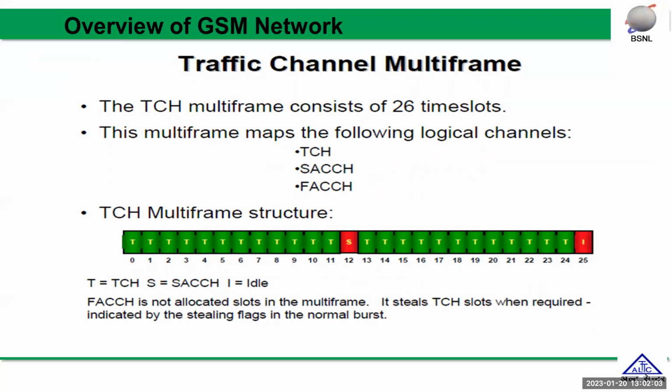FACCH is actually not allocated slots in this multi-frame. Why is it not allocated? Because it steals traffic channel slots when required, for example when a handover command is there. This is indicated by the stealing flag in the normal burst. If you see the burst structure, there is a stealing flag, and that flag indicates whether this is a traffic burst or a FACCH burst.